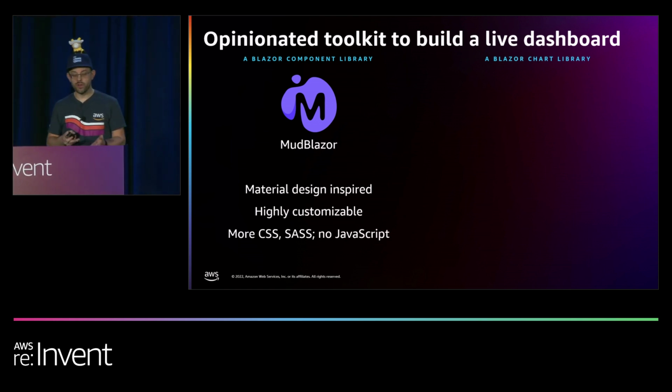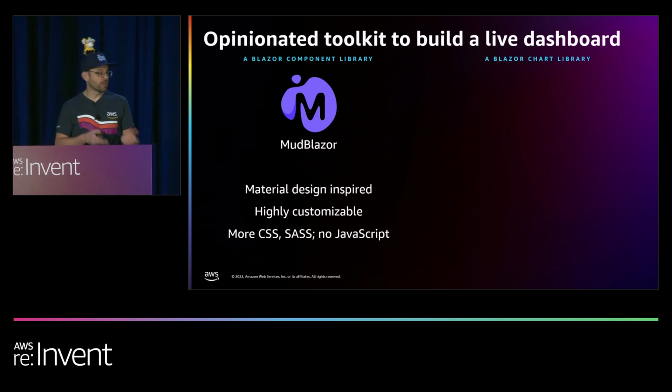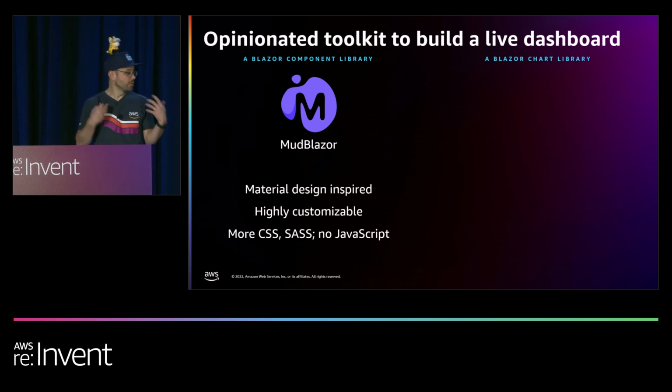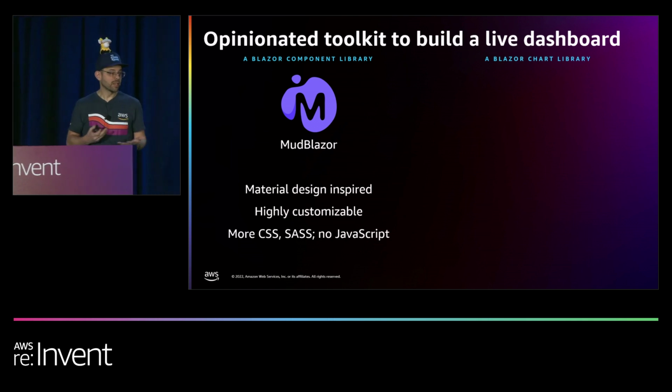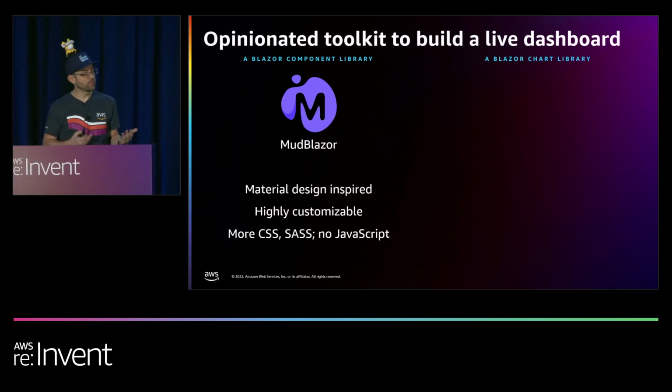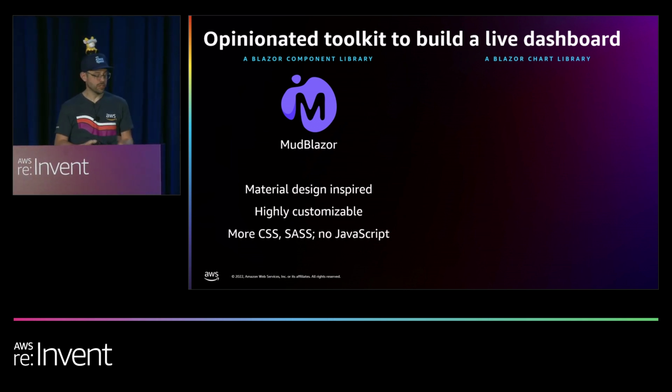Material design is a very popular design system created by Google. It has been widely adopted on the web, and users are used to this design system. So relying on it helps end users to quickly understand your web application.